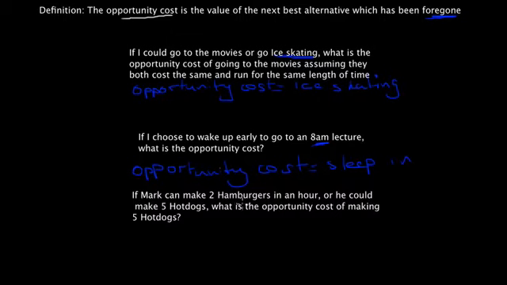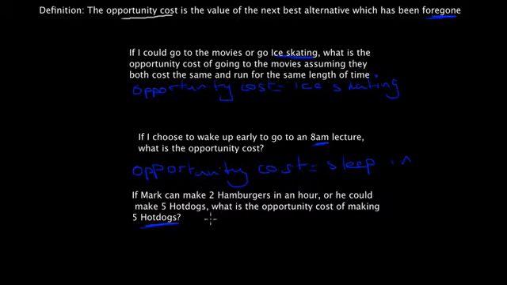Okay, the next example. If Mark can make 2 hamburgers in an hour, or he could make 5 hot dogs, what is the opportunity cost of making 5 hot dogs? So if Mark makes 5 hot dogs, he can no longer make 2 hamburgers. So that's what he's foregoing in order to make these 5 hot dogs. So his opportunity cost of making these 5 hot dogs is just going to be the value of the next alternative that he has foregone in order to do that.